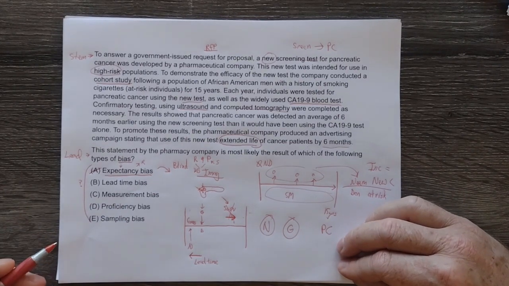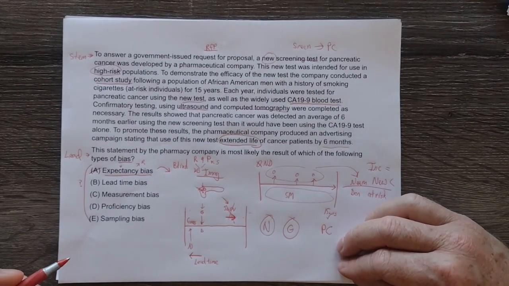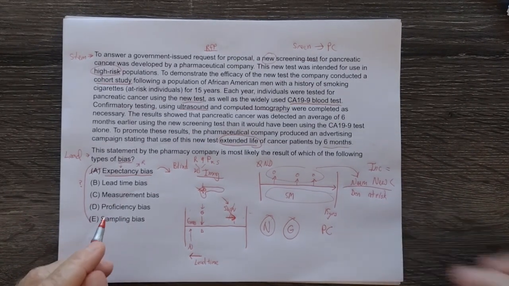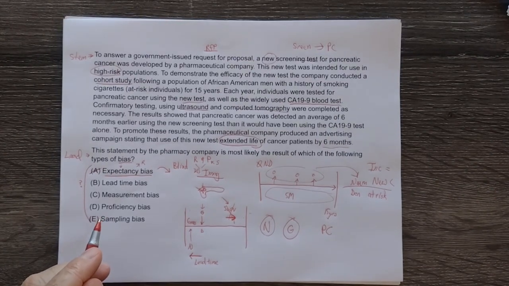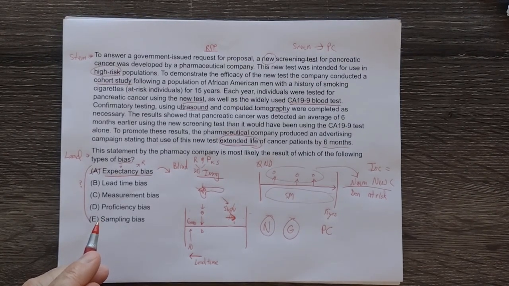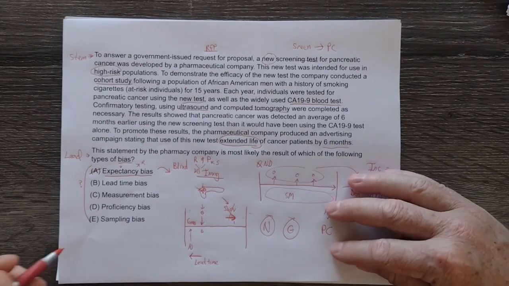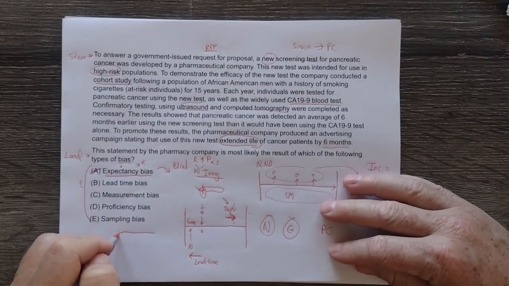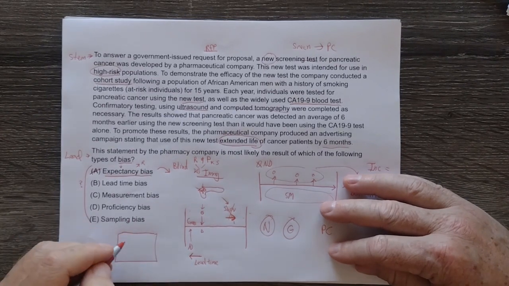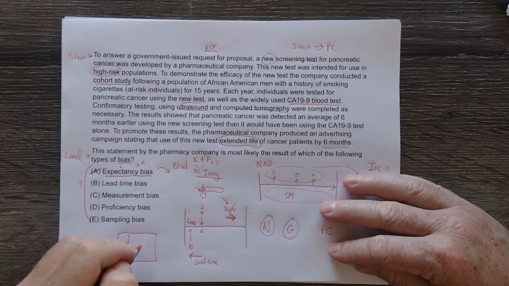Measurement bias. Excuse me, measurement bias. So measurement bias has to do with the measurements themselves that we're actually getting. For instance, imagine you're in a doctor's office and they have a sphygmomanometer in each room.